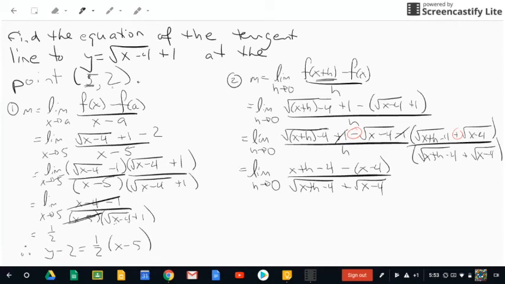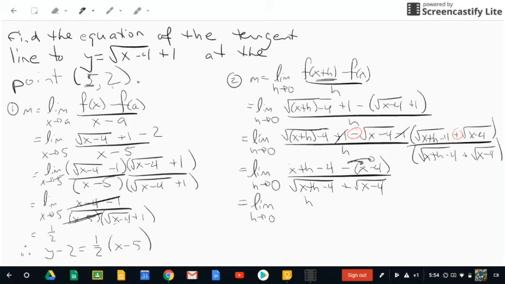Now, in the numerator, so I'm still taking the limit as h approaches 0. In the numerator, watch what happens when you distribute that negative through to the x and then to the negative 4. This will become negative x, and then that's going to become positive 4. And when you simplify that numerator, x minus x goes away, negative 4 plus 4 goes away.